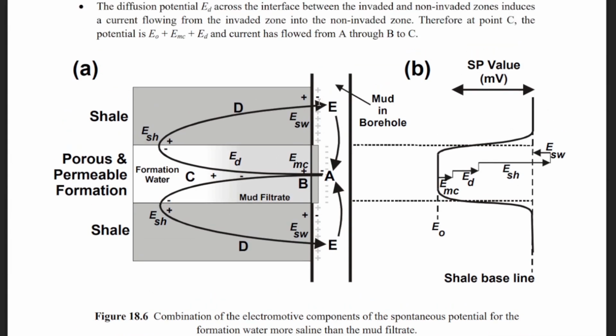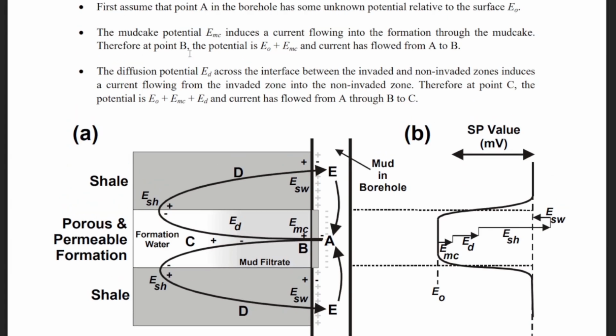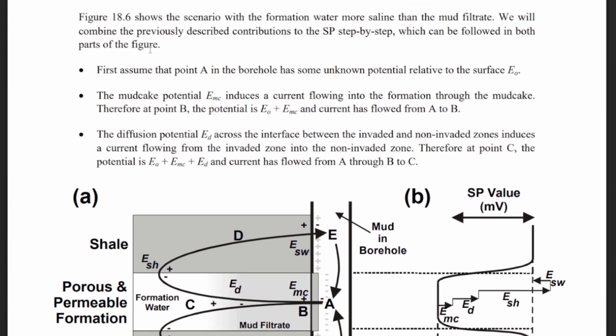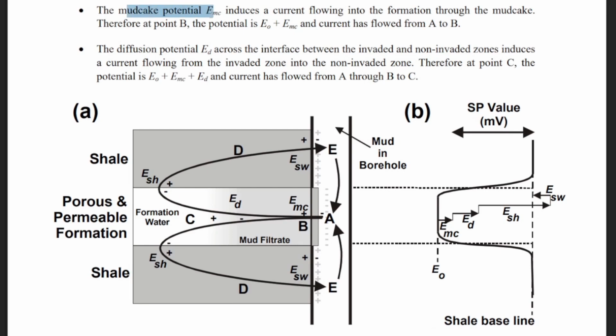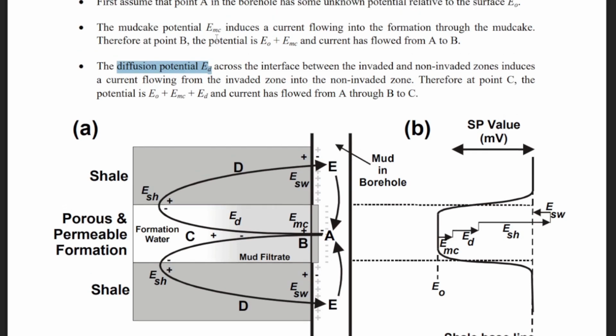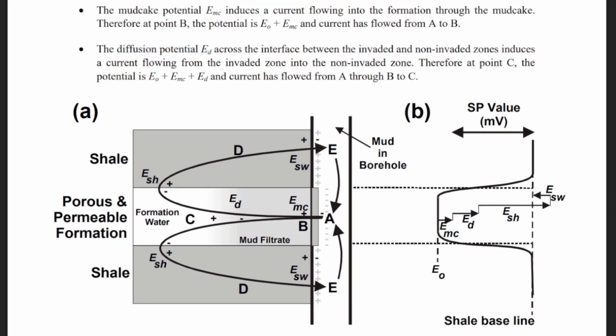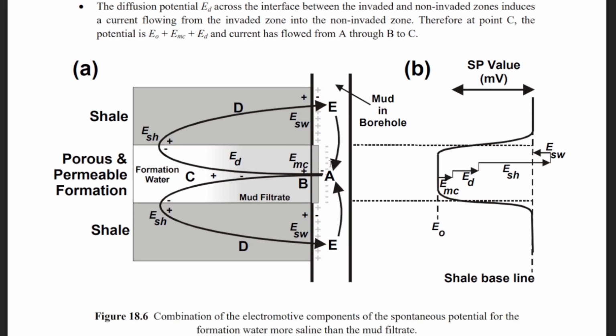As they say here, we have a mud-cake potential, EMC, and a diffusion potential, ED. They are assuming that point A in the borehole has some unknown potential relative to the surface, E sub 0. But what's going on here is that current is moving from A to B, and from B to C.